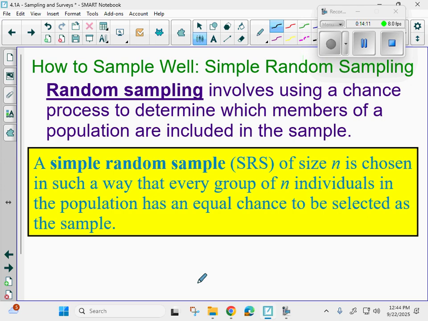All right, a random sample, an SRS of size n, is chosen in such a way that every group of n individuals in the population has an equal chance to be selected as the sample.